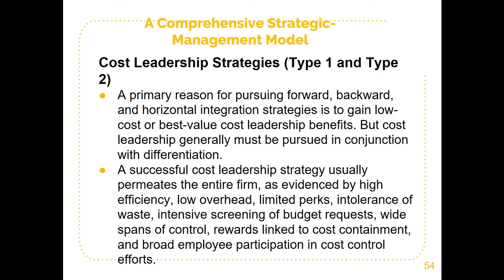So companies who employ type 1 or maybe type 2 must achieve their competitive advantage in ways that are difficult, of course, for competitors to copy or match. If rivals find it relatively easy or inexpensive to imitate the leader's cost leadership method, the leader's advantage will not last long enough to yield a valuable edge in the market.